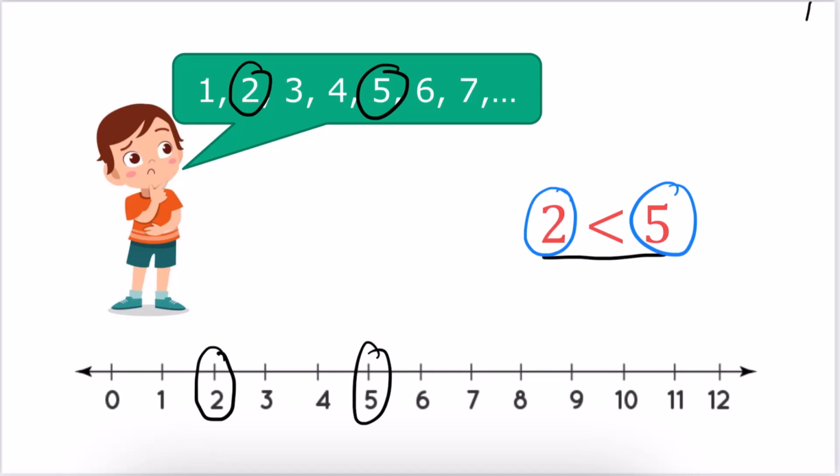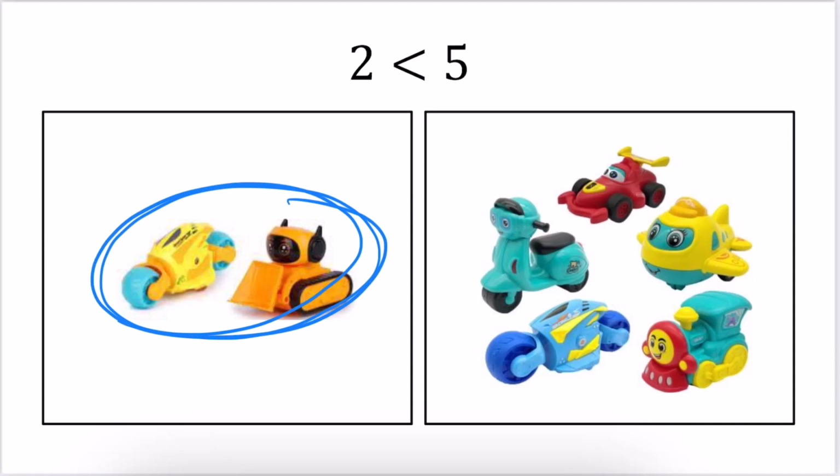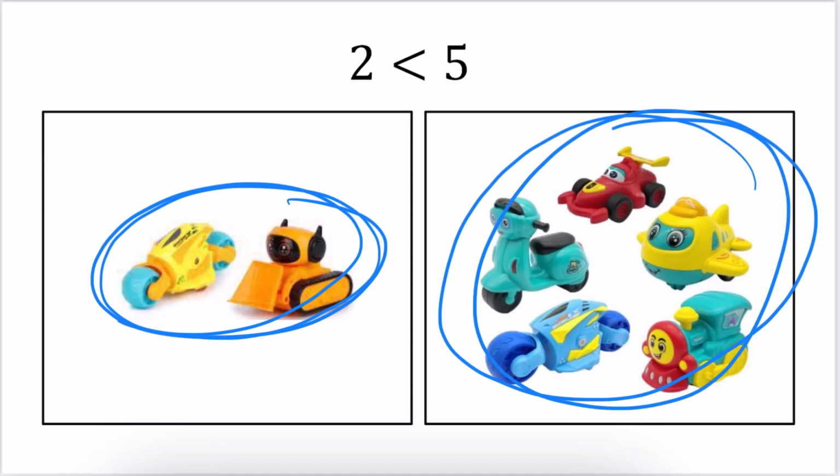So perhaps a better way to show that 2 is less than 5 is to make a pile of 5 things, which is essentially a set, and make a pile of 2 things, and you can show, well, the amount of things I have in this set is a littler or a smaller amount than the amount of things I have in this set.